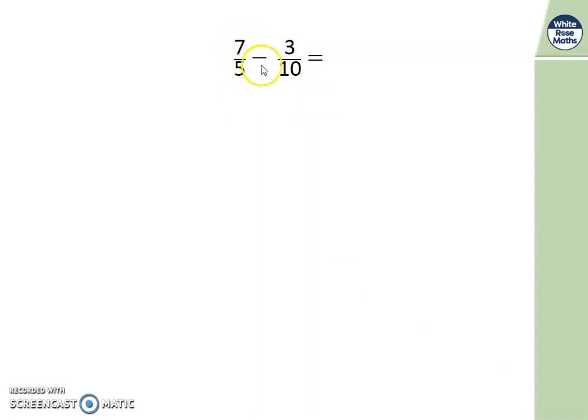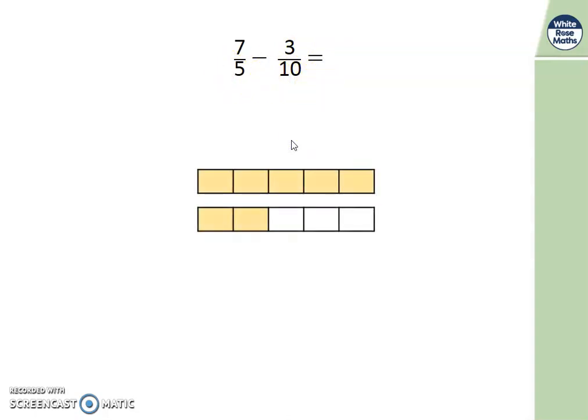7 fifths subtract 3 tenths. We can see here we've got an improper fraction and we're taking away a proper fraction, but the denominators are not the same. First, let's draw 7 fifths. So a whole one is fifths, so we can see 1, 2, 3, 4, 5 of them. A new bar, 6, 7, 7 fifths altogether.